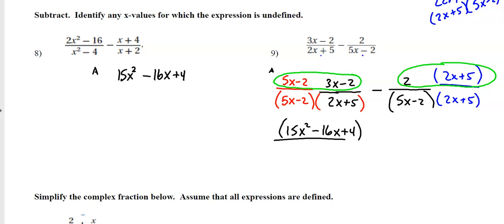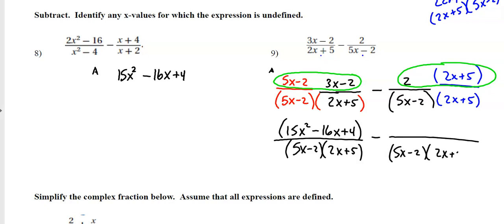That's on top. This is on bottom. And then we need to take away, I know the bottom's going to stay the same. And on the top here, I get 4x plus 10.